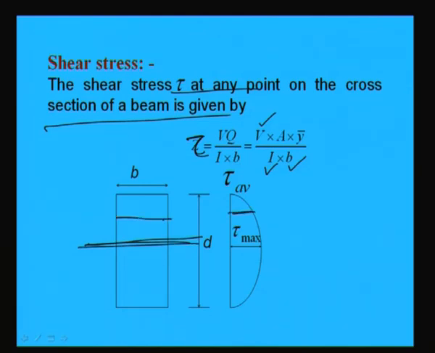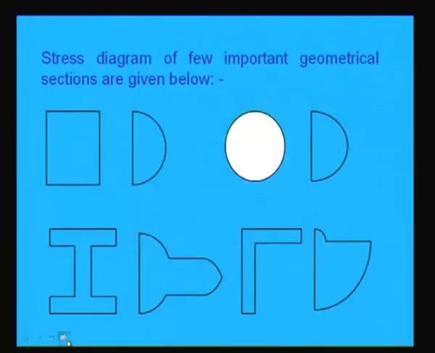The area means the outer section of that portion, area into y bar, the CG distance. In this way we can find the value V into A into y bar by IB, and so calculate the exact value.